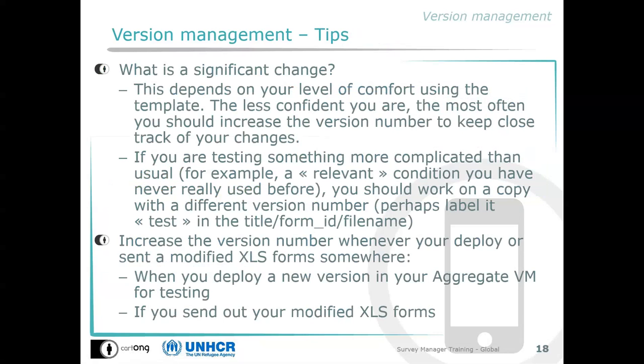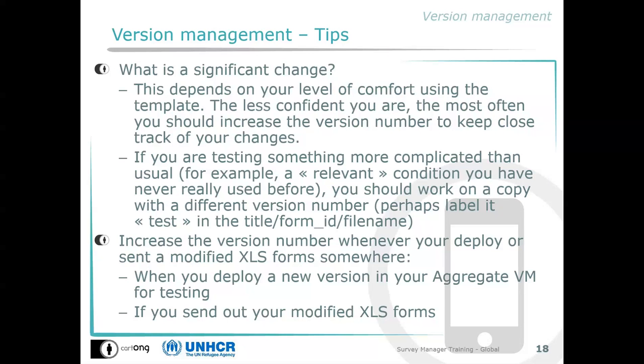Now you can of course debate a little bit on what is a significant change, and this depends a little bit on you as well, but the best is really to change the version every time you make a change, especially, and that's really important, if you plan to give it to someone else to test, or you send it out, because that is for sure when you actually have to change the version number.